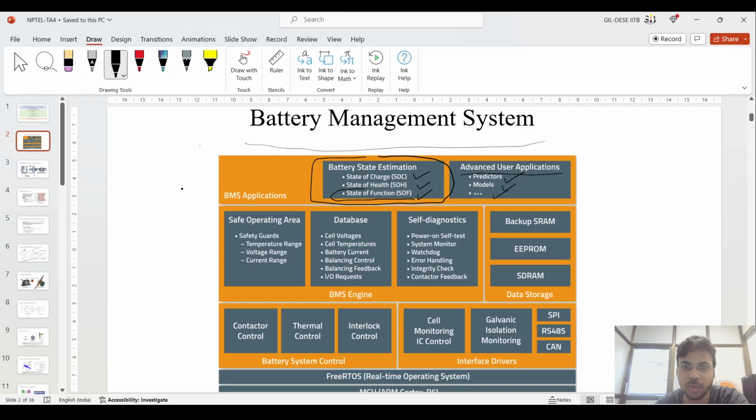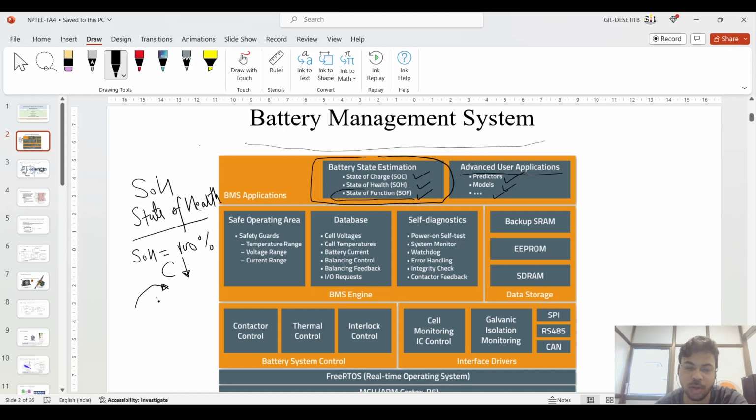And on the right side you can see the advanced user feature, that is the prediction models. What do you mean by these predictions or models? Suppose you have the SOH. SOH means the state of health of the battery. Let's say you have purchased a new battery and the SOH is 100%, and the capacity will reduce when you use it for a number of cycles, then the SOH will reduce.